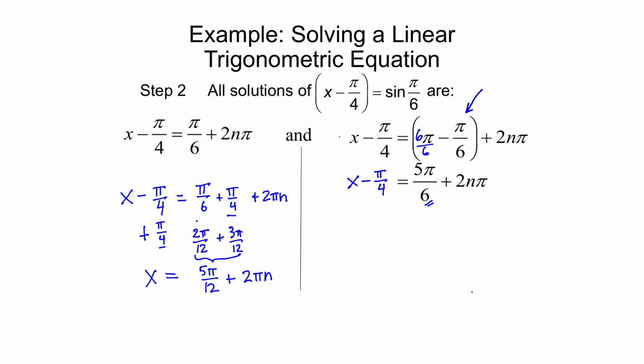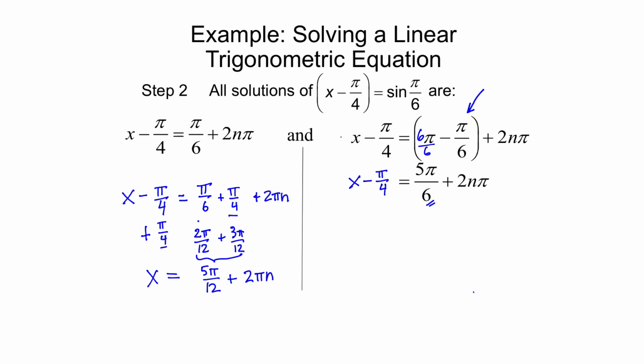On the other side over here, I've got the 5 pi over 6. Again, I'm going to rewrite this. Equals 5 pi over 6, and then I'm going to move this 2 pi n over to the side. And I'm going to do the same thing. I'm going to add pi over 4 to both sides to get the x by itself. Remember that the goal is to get the x by itself.